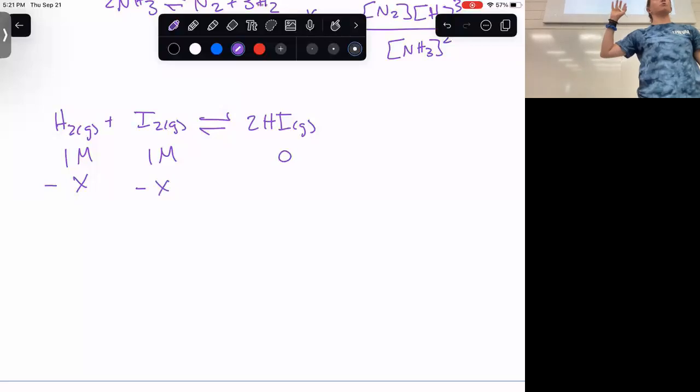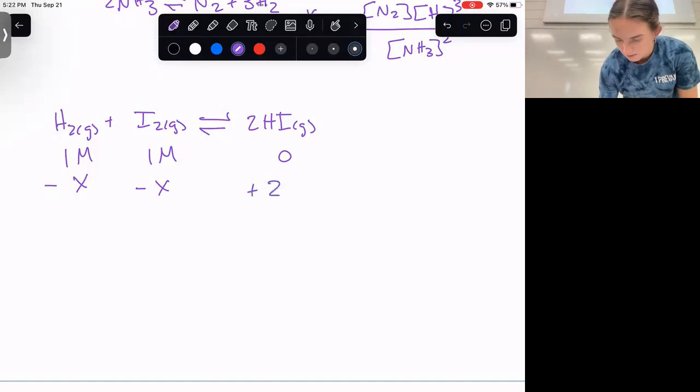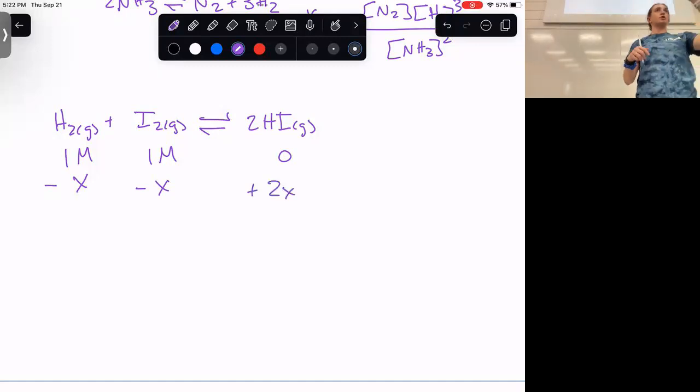There's no stoichiometric coefficient in front of H2 or I2, so it's just considered one activity or one X that is being decreased by. How much is HI going to increase by? It'll increase by 2X. That coefficient is going to drop down with the activity or with that X factor, because for every 1 mole of H2, we get 2 moles of HI.